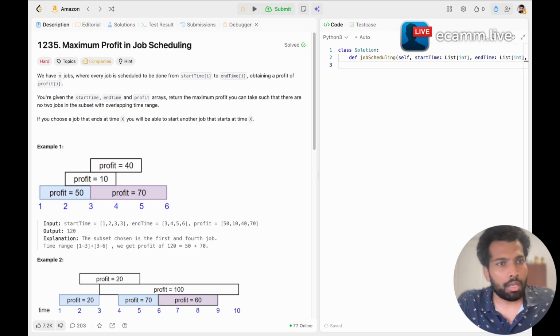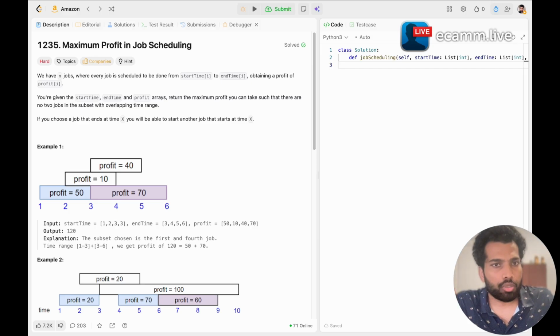So we have n jobs where every job is scheduled to be done from the start time to the end time, obtaining a profit. So we are given the start time, end time, and profit arrays.